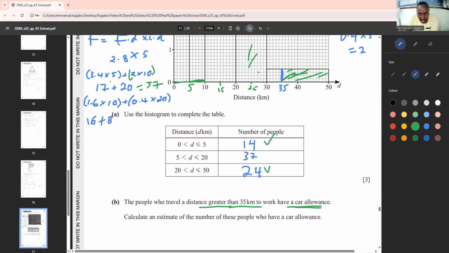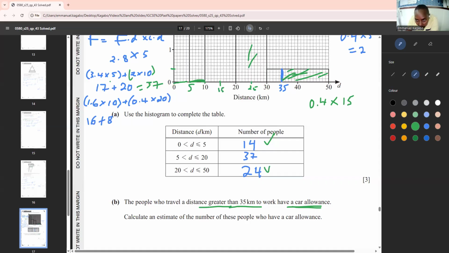So, what's this, guys? This is 0.4, the frequency density. That's one of the advantages of having a histogram. Times the class width from here to here. It's going to be 15, guys, okay? Do you see that?